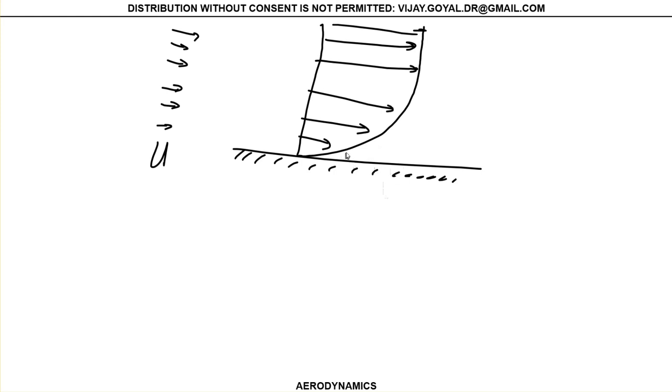So this right here, let me change the colors. Somewhere here, just where it starts being constant, this is called your boundary layer.